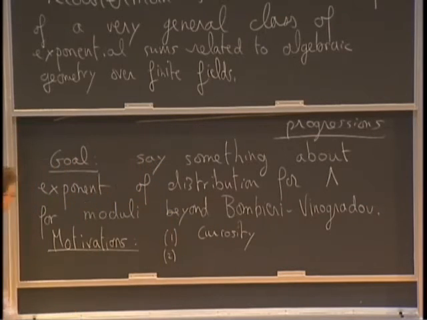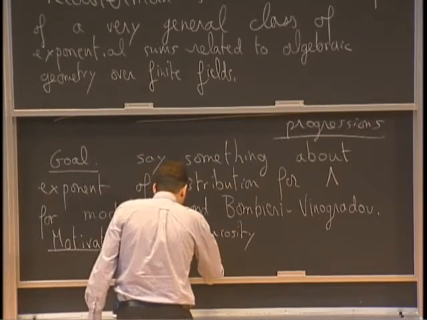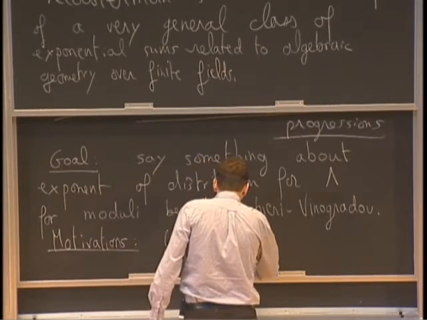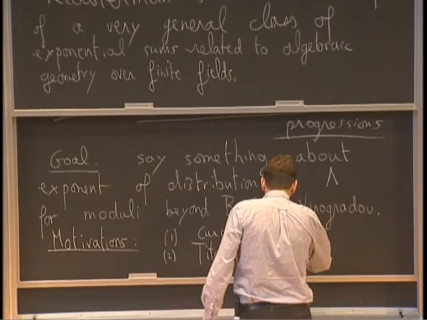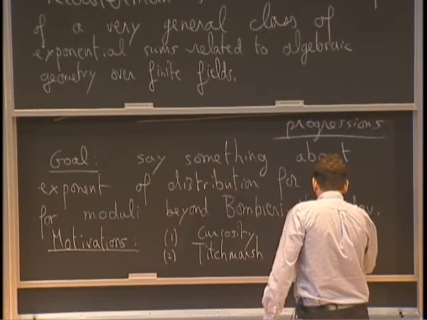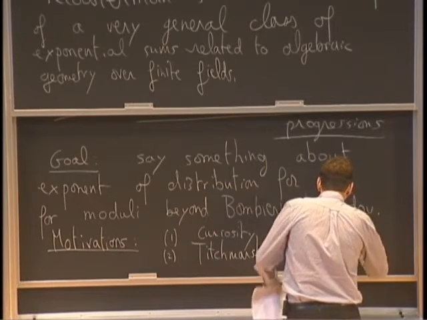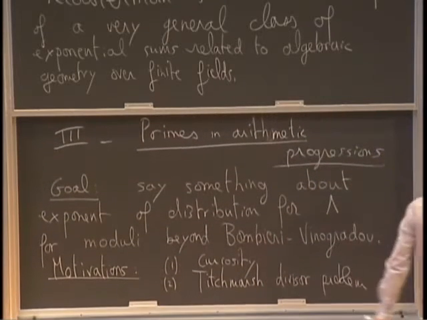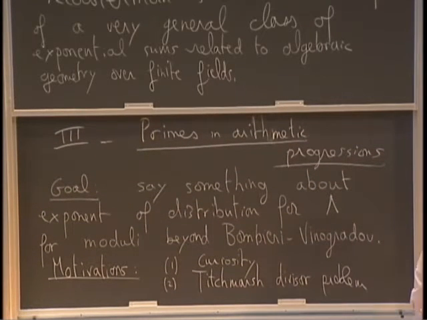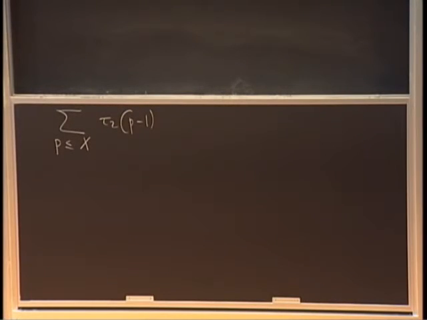Second motivation, one of the first applications of this was to the Titchmarsh divisor problem. I remind you that this was the problem of studying the sum of the divisor function at p minus 1 when p is less than x.